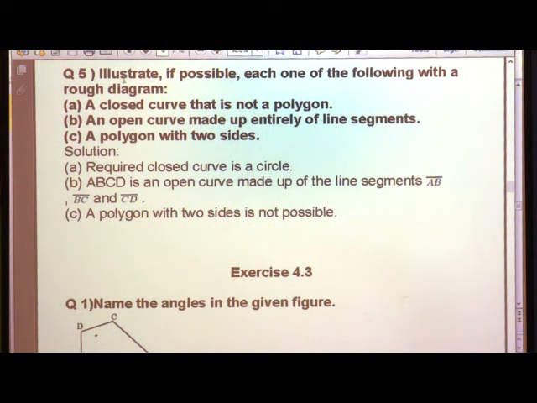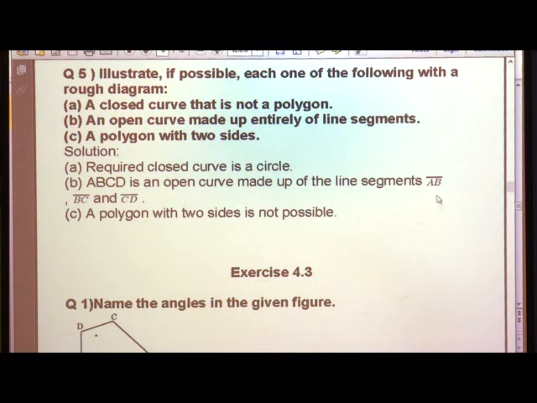So when you are solving this question, you can draw a small curve, that is a circle, here in front of the question. Next question, an open curve made up entirely of line segments. So you have to draw an open curve which is made up of line segments. So ABCD is an open curve made up of line segments AB, BC and CD.